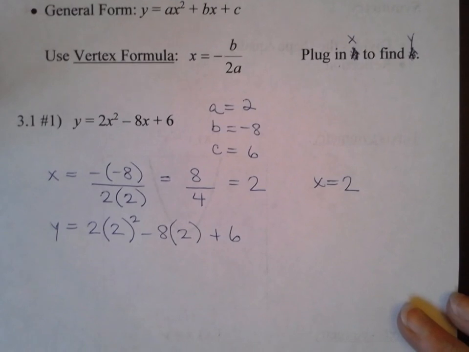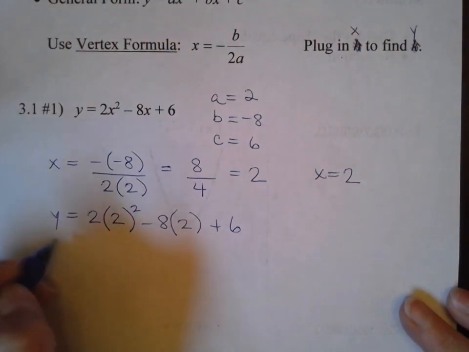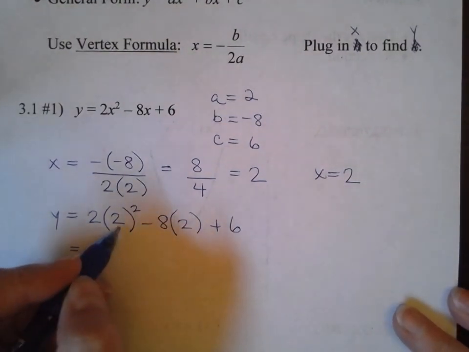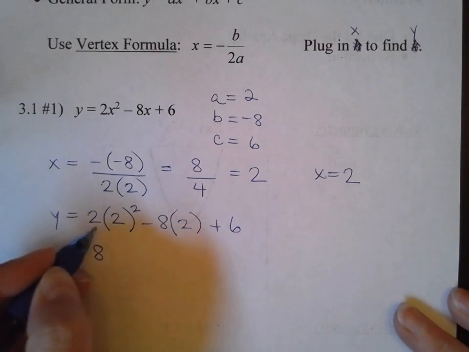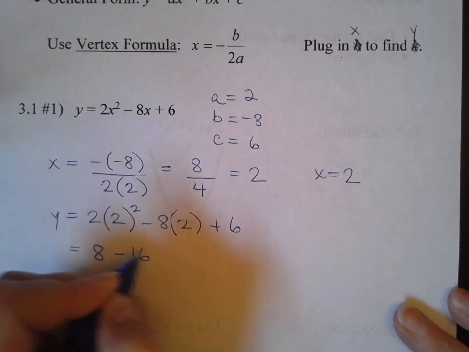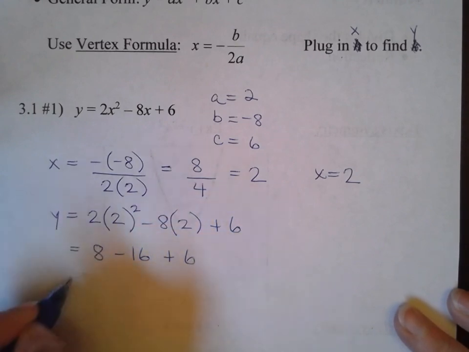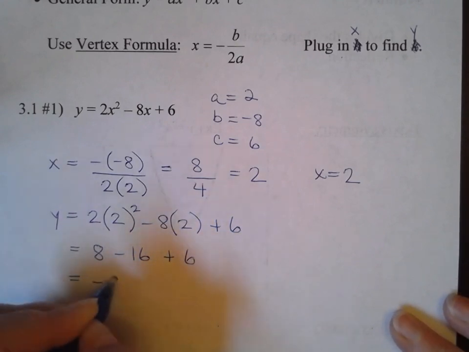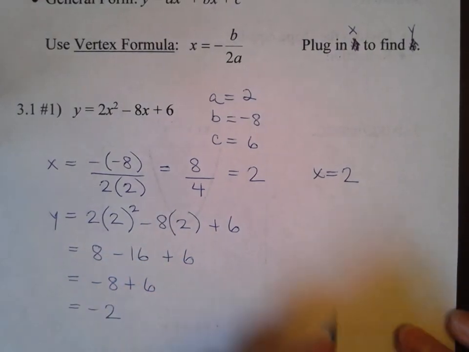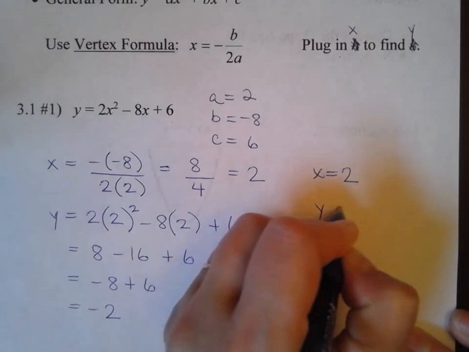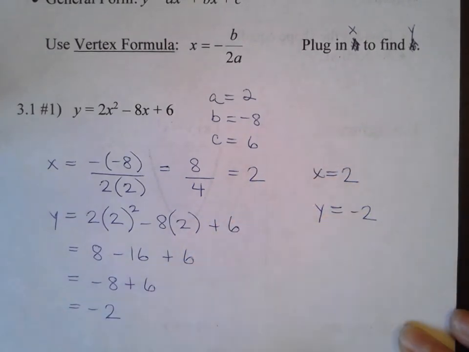You could definitely use your calculator. I'm lazy, I don't want to get my calculator, so I'm just going to do it in my head. This will be 8 minus 16 plus 6. So that would be -8 plus 6. So -2. So the x value is 2. The y value is -2.